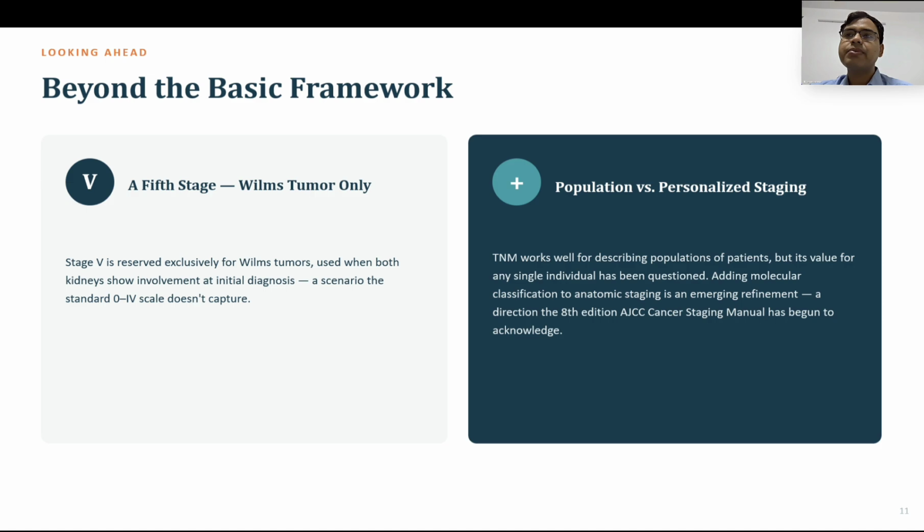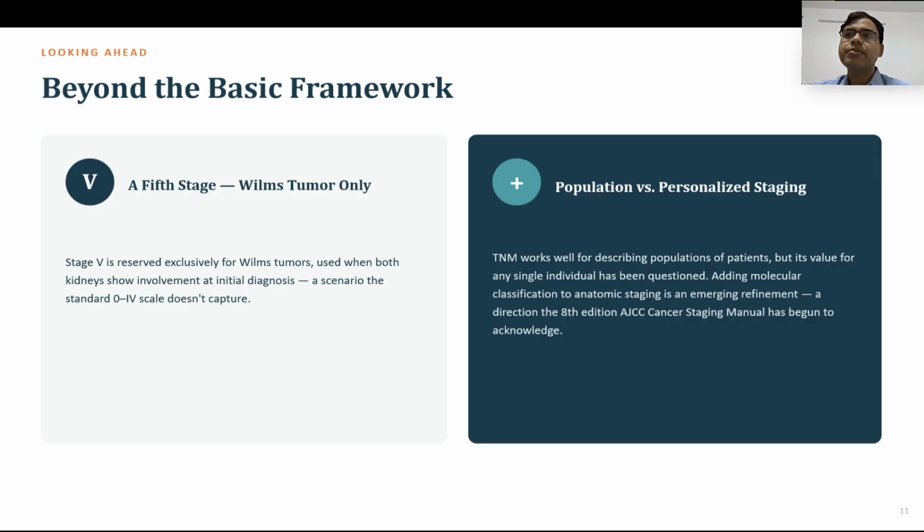Because take two different individuals, both having stage 4 lung cancers. Even then, one person has a probability of surviving a long period of time if he has certain mutations which can be targeted using targeted therapy or immunotherapy. And there are other lung cancers, also stage 4, but they belong to the small cell variety.